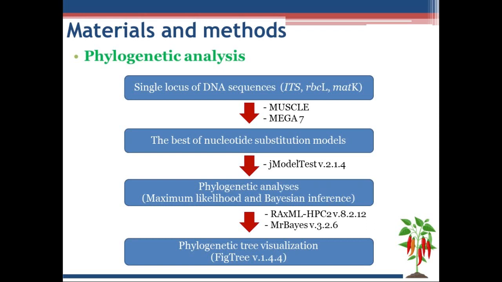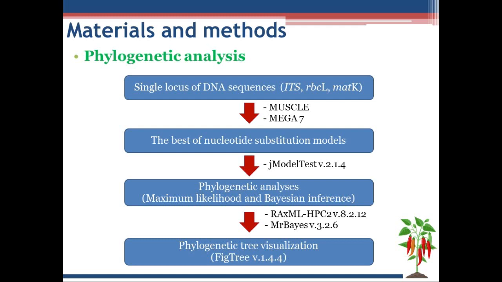Phylogenetic analysis was performed separately as single DNA loci for ITS, rbcL, and matK. Each single-locus dataset was analyzed using MEGA7, and the best nucleotide substitution models were calculated with jModelTest. The phylogenetic relationships were inferred by maximum likelihood and Bayesian inference with RAxML and MrBayes, respectively.